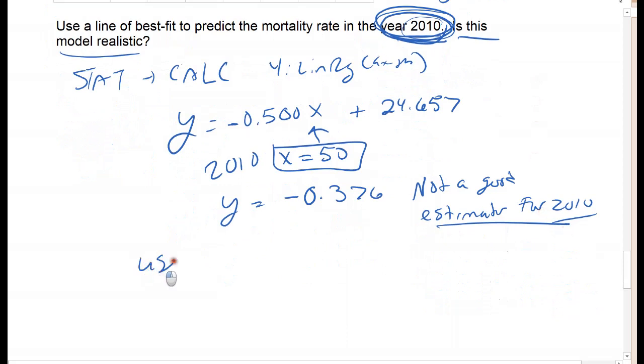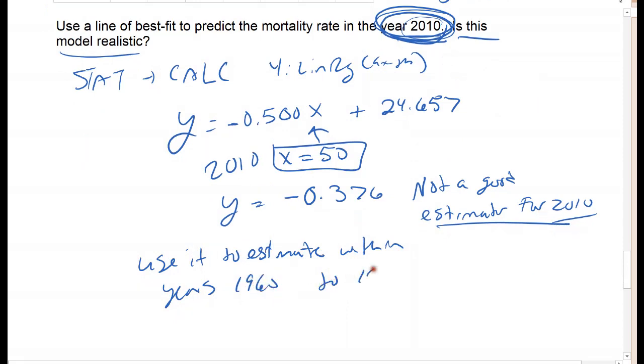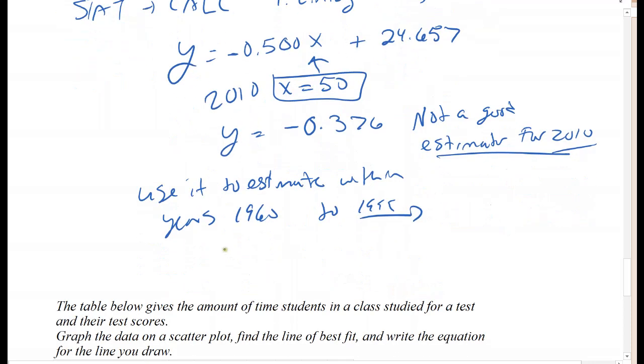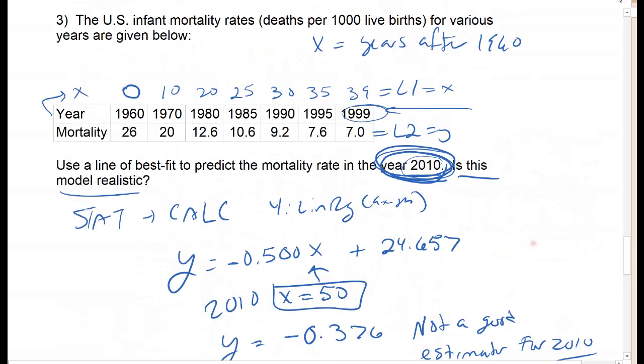Now, I could probably use it to estimate within the years 1960 to 1999, but I wouldn't want to go past 1999. So I could use it if I wanted to predict something like 1965, which I don't have that piece of information, but that's well within my boundaries.